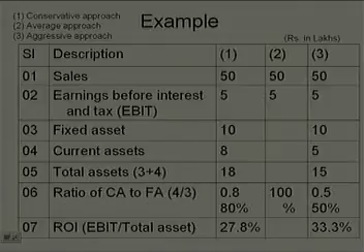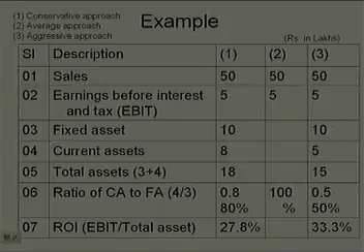Now, when it comes to the conservative approach, the manager has employed a fixed asset of 10 lakh and a current asset of 8 lakhs. So, the total asset becomes 10 plus 8, which is 18 lakhs. Now, if you look at the column under 3, which is the aggressive approach, you find that the fixed asset employed by the manager is only 10 and the current asset employed by him is only 5.